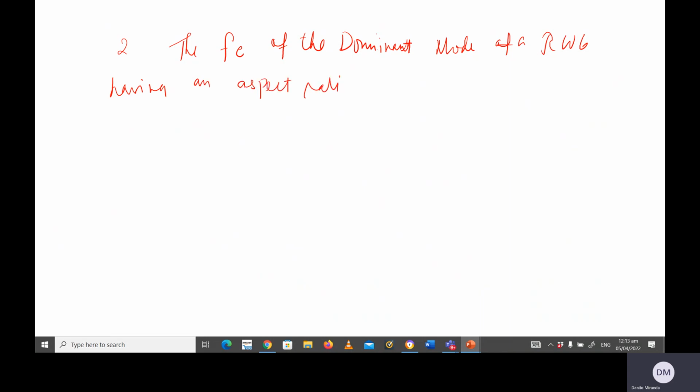The cutoff frequency of the dominant mode of a rectangular waveguide having an aspect ratio more than 2 is 10 gigahertz.